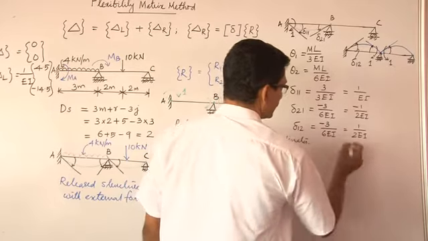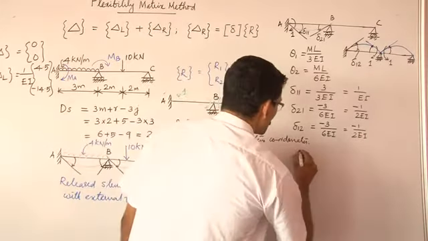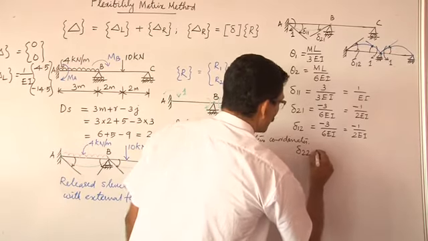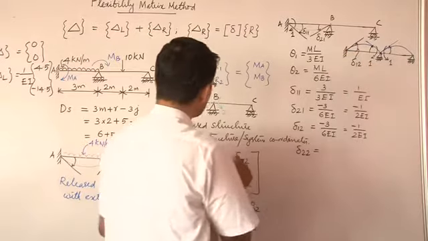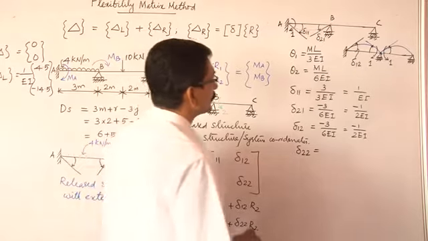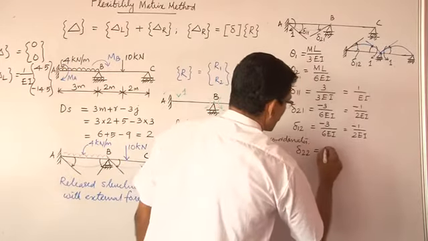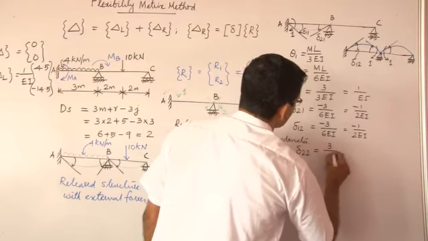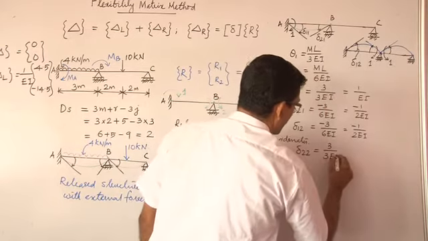Minus 3 by 6EI, this is minus 1 by 2EI. And further, delta 22 will be equal to, this angle is clockwise, and as per this coordinate clockwise is positive, and this rotation will be as per this equation 3 divided by 3EI. M is equal to 1, L is equal to 3.